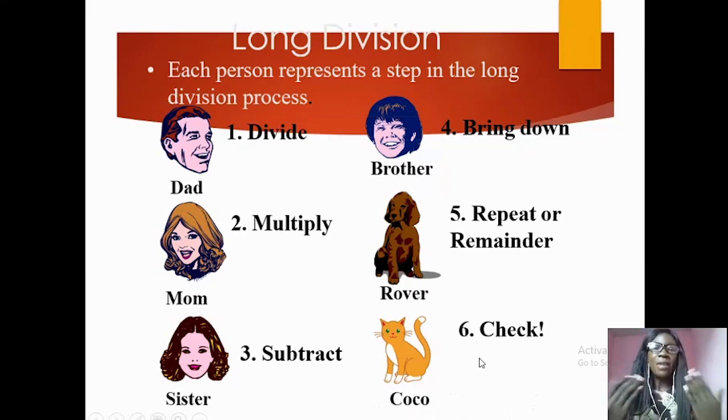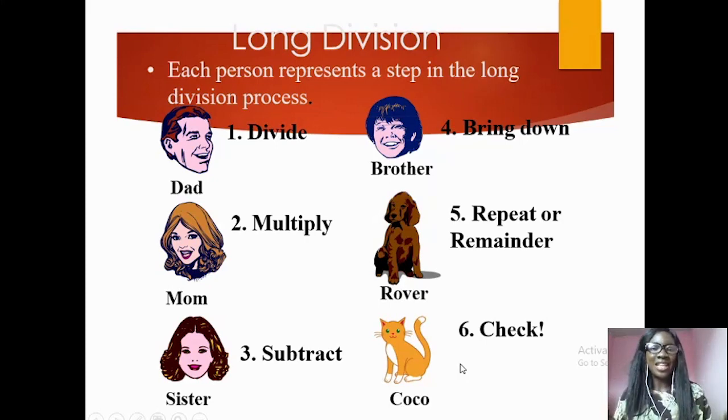So members of our family will help us in achieving long division of numbers. Again, daddy is divide, mommy is multiply, sister is subtract, brother is bring down, Rover is remainder or repeat, and Coco is check, meaning that we will check if our answer is correct.